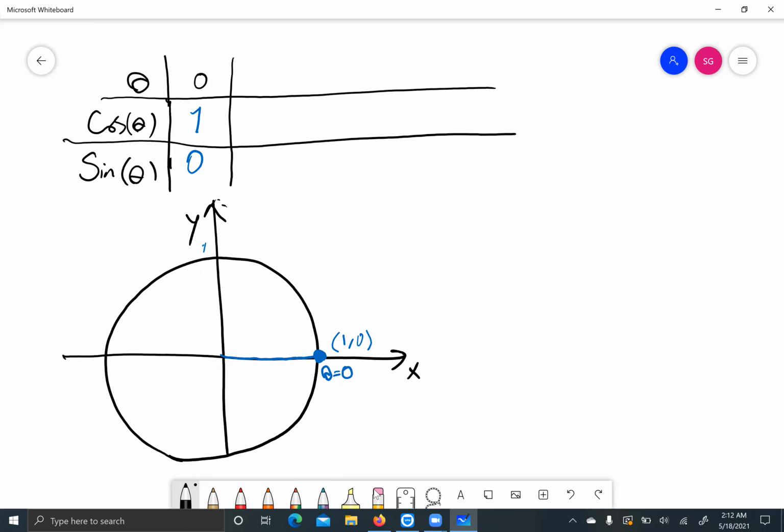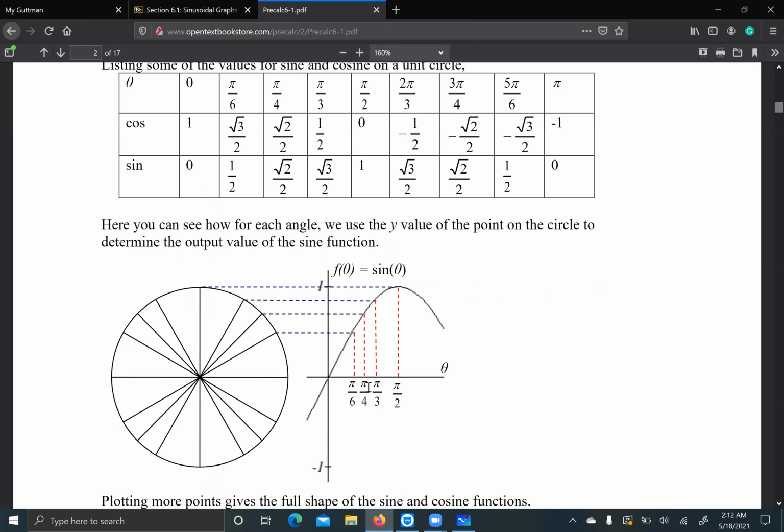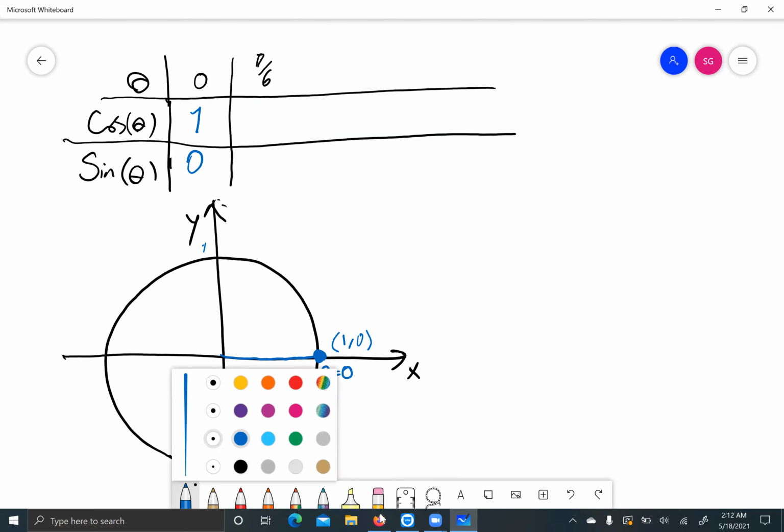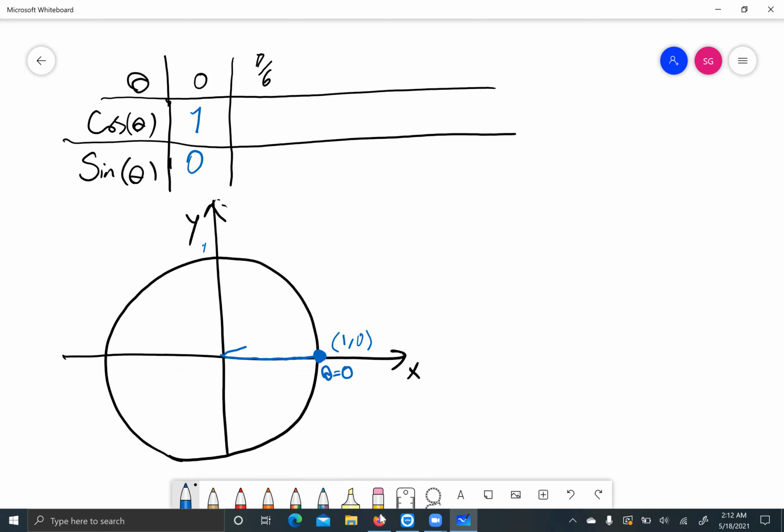What else? Pi over 6. Okay, pi over 6 is 30 degrees. So suppose this angle is pi over 6. It corresponds to some x and y value. We discussed this in a previous chapter.